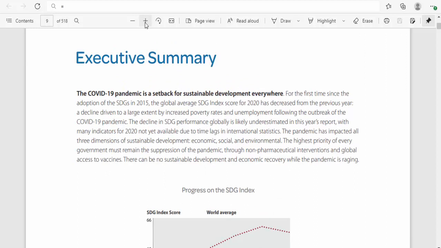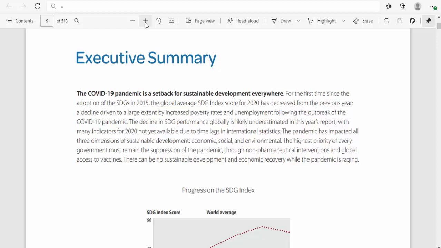So they are saying that the COVID-19 pandemic is a setback for sustainable development everywhere. And that one, I think we don't need to even discuss any further, because it's quite apparent that it has created a lot of problems. But in the eyes of these experts, they're saying for the first time since adoption of SDG in 2015, the global average index score for 2020 has decreased from the previous year.